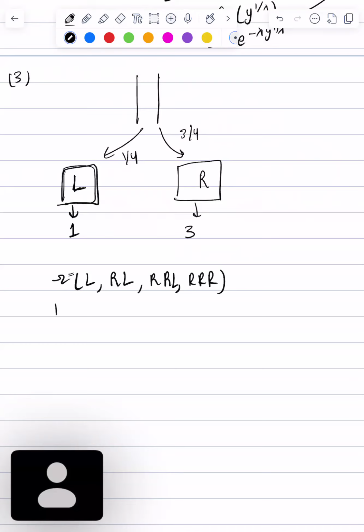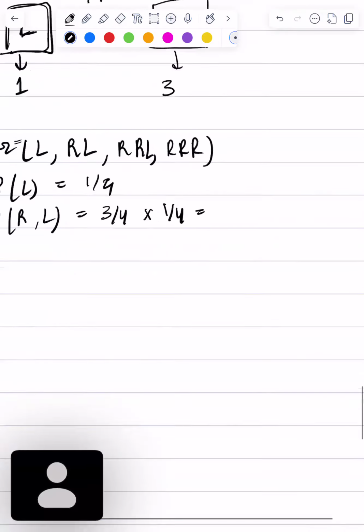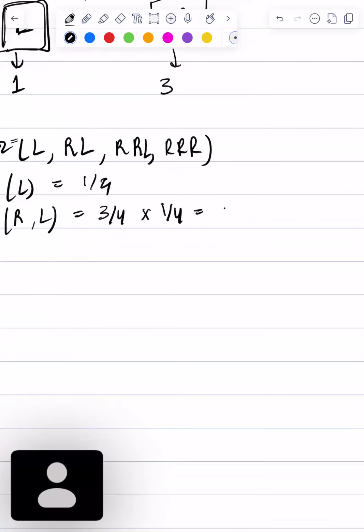The probability of each one of these: what are the chances that I go to left first, 1/4. What are the chances that I go to right and then left, which is just 3/4 times 1/4. Because we have independent events, I can just multiply them, which is 3/16.